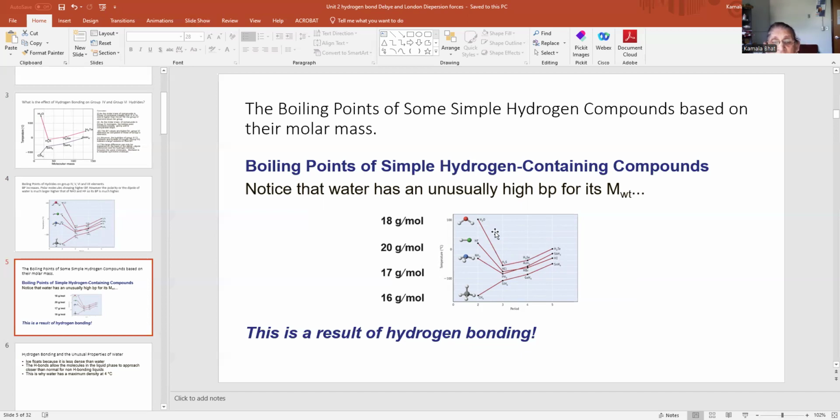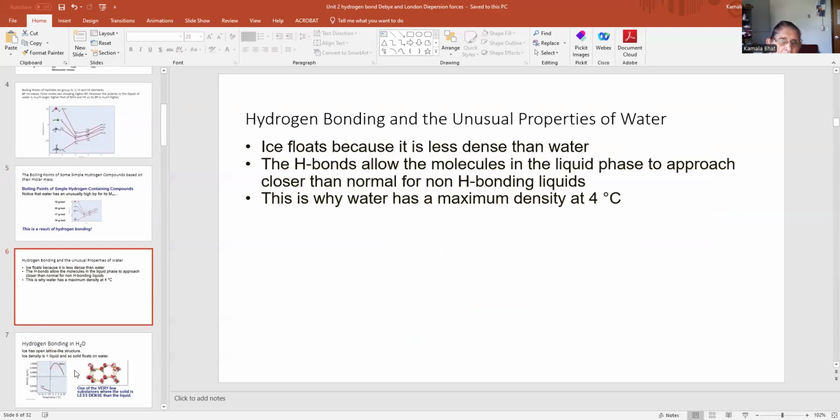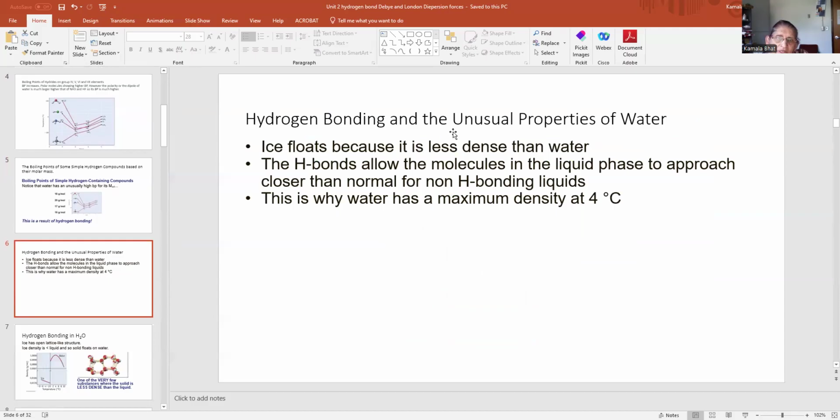Then hydrogen fluoride is 20 grams per mole, ammonia is 17 grams per mole, and methane is 60 grams per mole. And we see that the unusually high boiling point for water at 18 grams per mole is a result of hydrogen bonding.